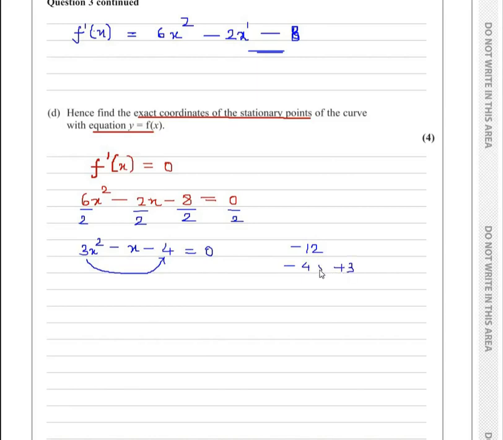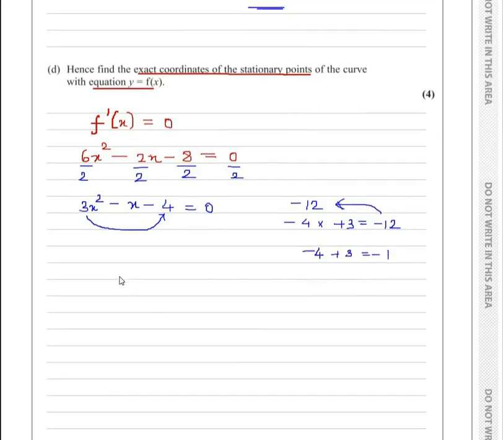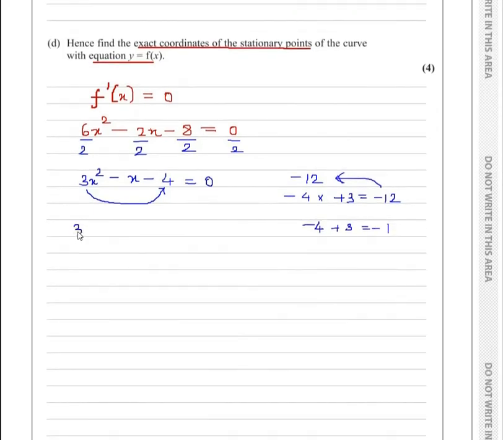When we multiply these two, we get negative 12, and when we add them together, we get negative 1. So we split the middle term: 3x squared minus 4x plus 3x minus 4 equal to 0.